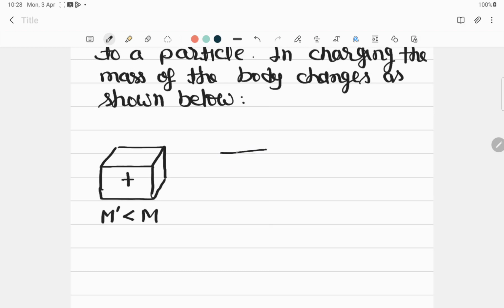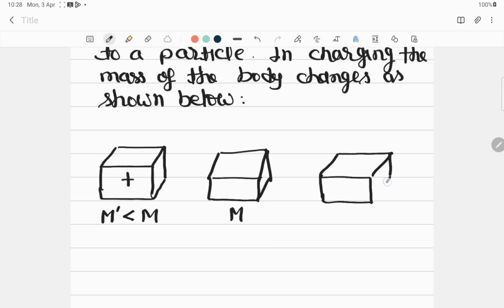And in neutral condition, this is neutral, so its mass is m, and here it is negatively charged, so m double prime greater than m.